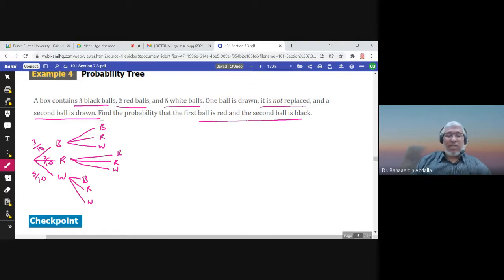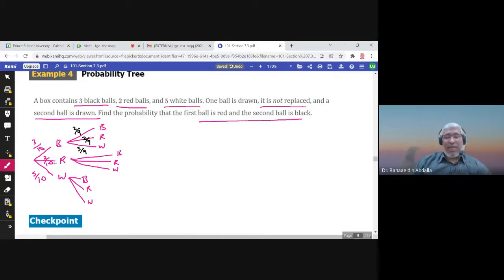So what is the probability that the second ball, the experiment is without replacement? So the number of balls now is not 10 anymore, it is 9. And here we selected black, so the number of blacks is 2 over 9. The number of red is as it is, the number of white as it is. So if you add these probabilities, you will always get 1.